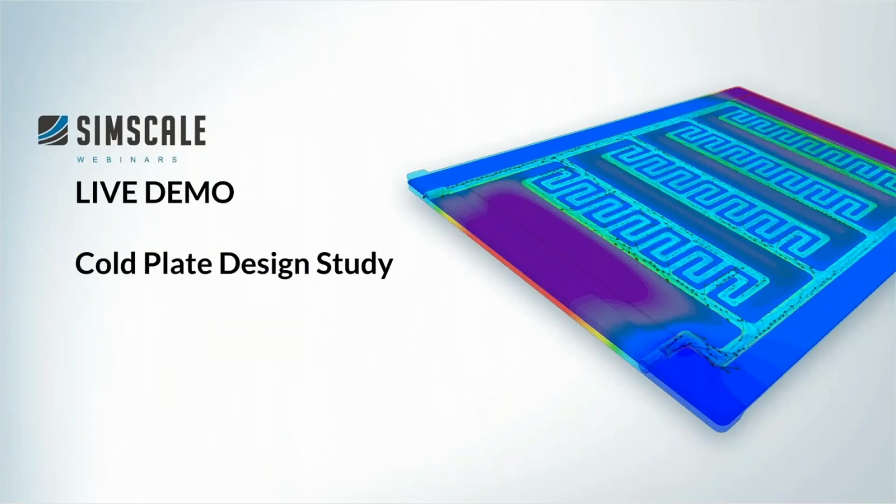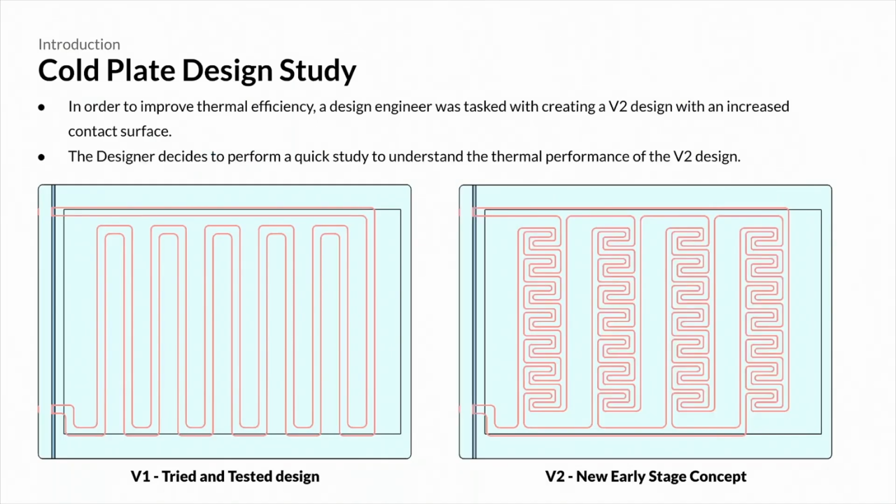Okay, so with that brief introduction to SimScale, let's have a look at what you've all come for today, the demonstration of a cold plate design. This cold plate is for cooling a series of electric batteries, and essentially we're looking to maximize the thermal efficiency of this design.